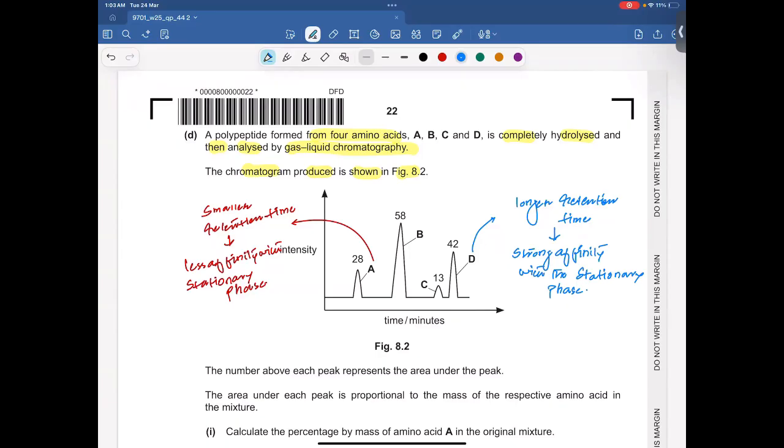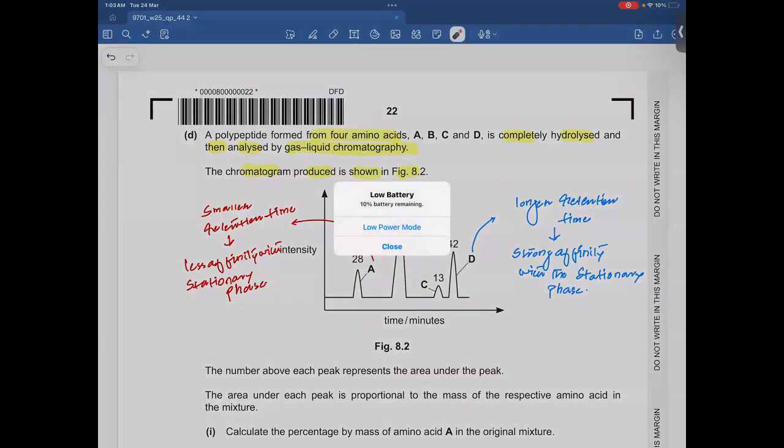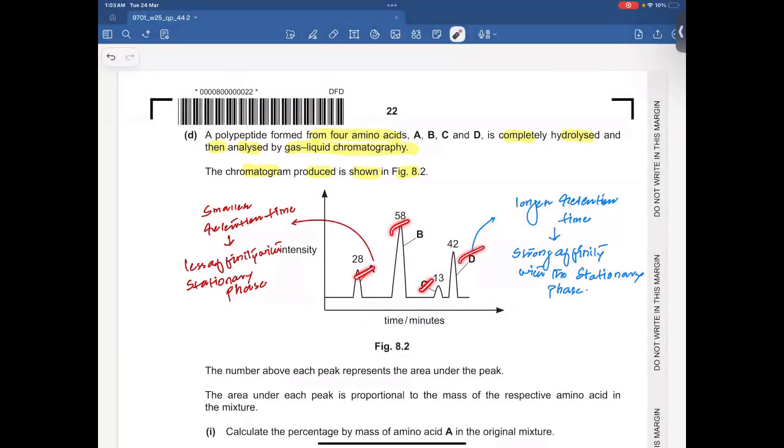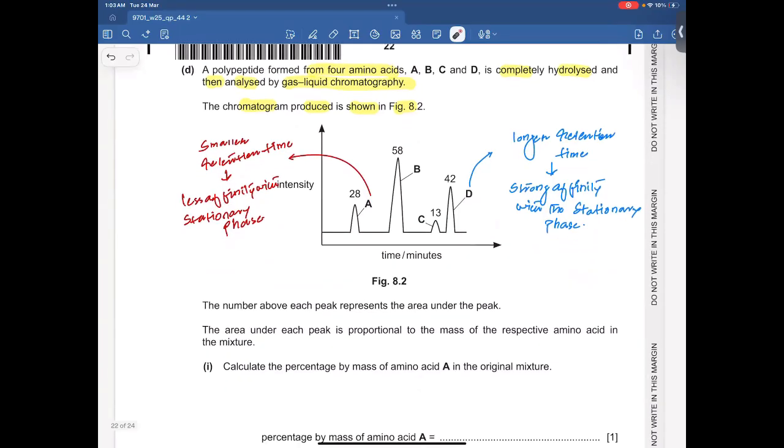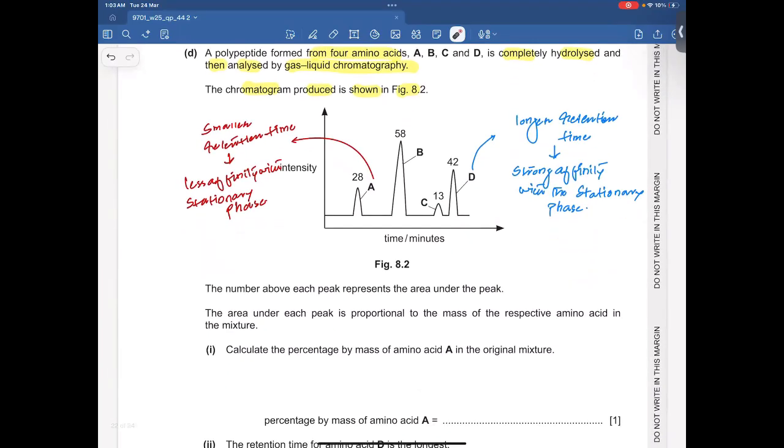Okay. Now we have total 5 peaks. My goodness, 1, 2, 3, 4 peaks, which means sample contain 4 compounds. Area under the peak is given, so we need to add them quickly. My battery is, oh my goodness, let me recharge. Yeah. Okay. So it's 28 plus 58 plus 13 plus 42.